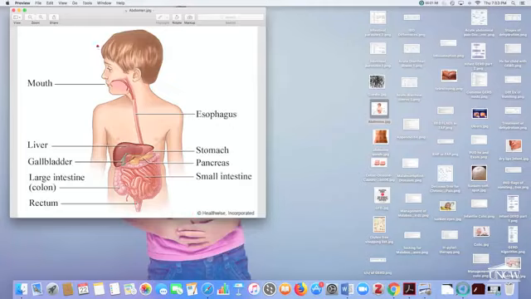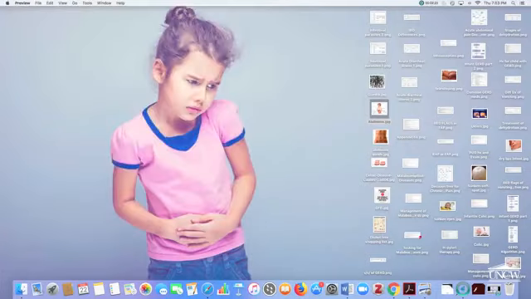Any one of these areas of the body can be included in a gastrointestinal disorder or functional problem. So it's important to have a good idea of really where these things are, because a lot of times pain or other symptoms are associated with the area that the actual organ or part of the body in the GI system is located. All right.